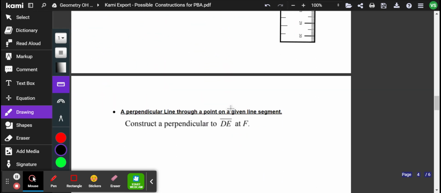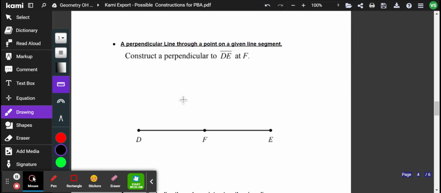So the next thing here is we're trying to construct a perpendicular bisector, but they tell us where this bisector must pass through. In this case, it seems as though this is already in the center, right?